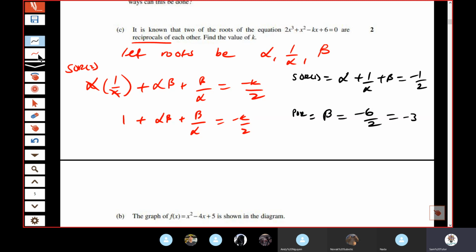All right, you ready for it? So look at this line. 1 plus, factorize beta out, alpha plus 1 on alpha. 1 plus beta is -3. Alpha plus 1 on alpha is -half, take away 3, so -3.5.